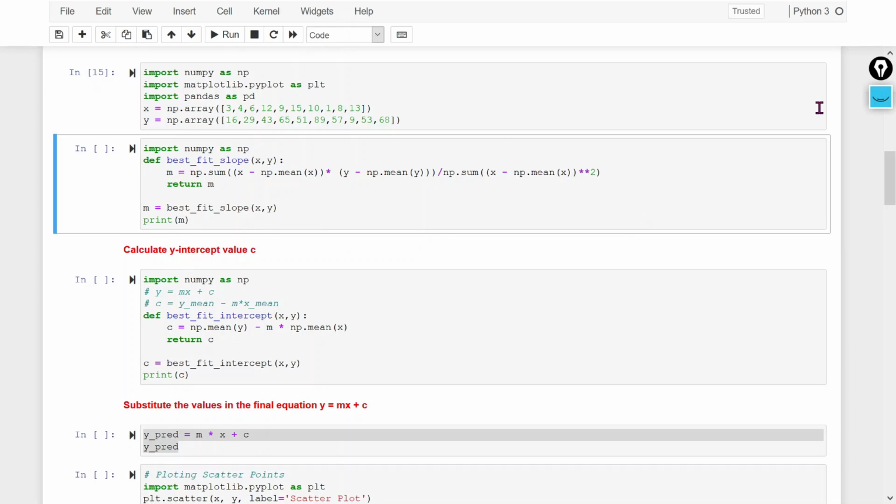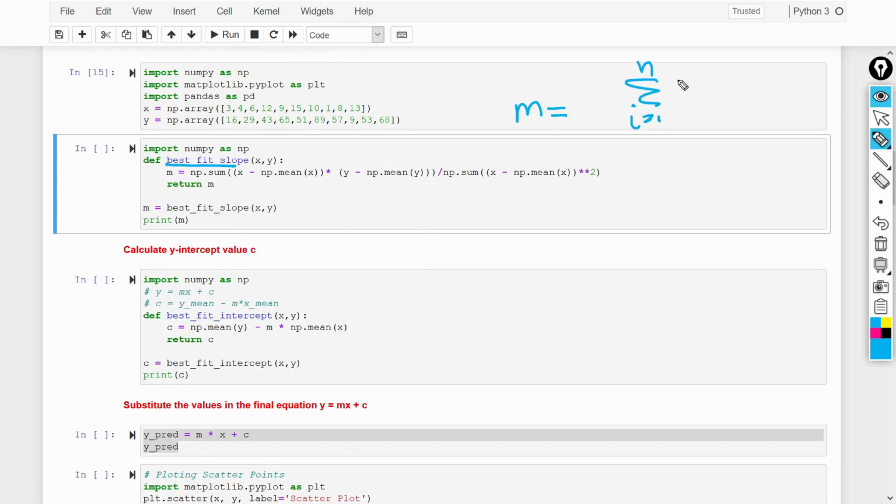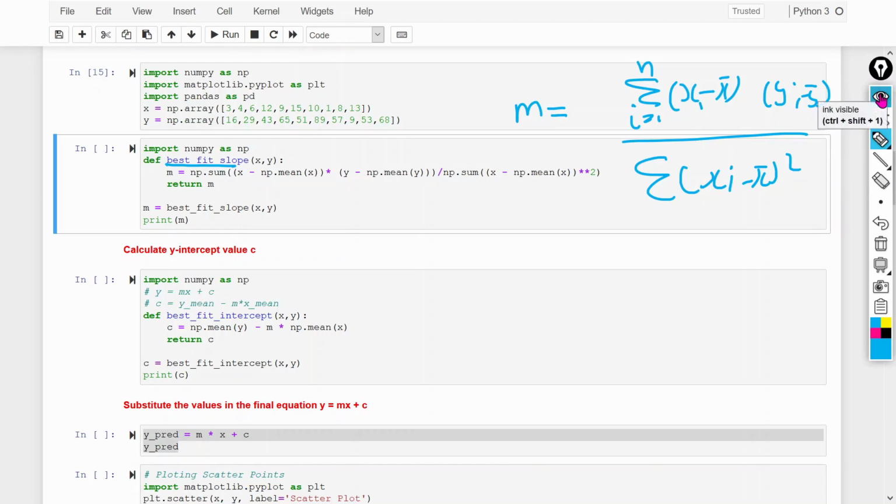How can we get the best fit line? For that I am going to create the m value, the best fit slope. What would be the m value? Summation of i equal to 1 to n of xi minus x bar times yi minus y bar, divided by summation of xi minus x bar whole squared.